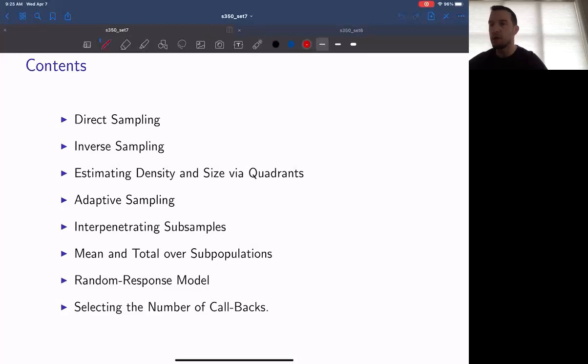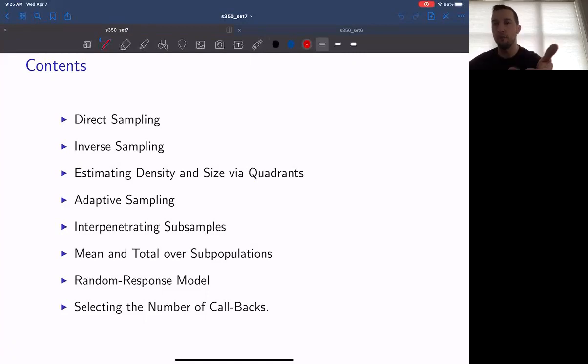Density and size estimation via quadrants is a slightly different idea based off of data that we could be working with. Then we have ideas of adaptive sampling and interpenetrating sampling or subsampling. This is related to non-response error. So we're just going to bounce around a bit and try to address some of the different problems that we've talked about throughout the course.